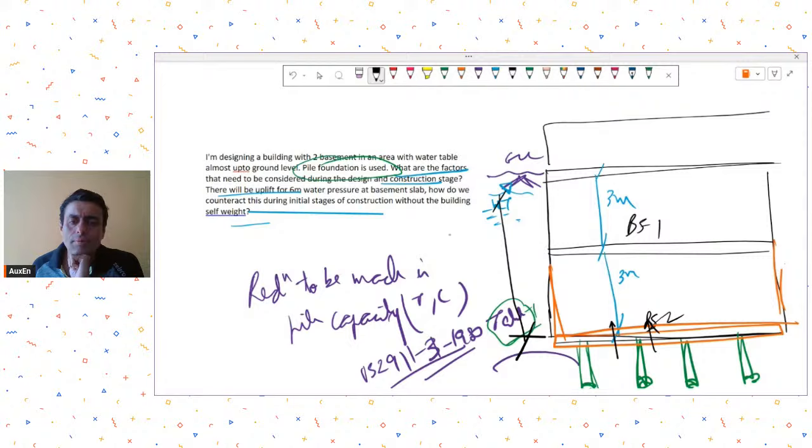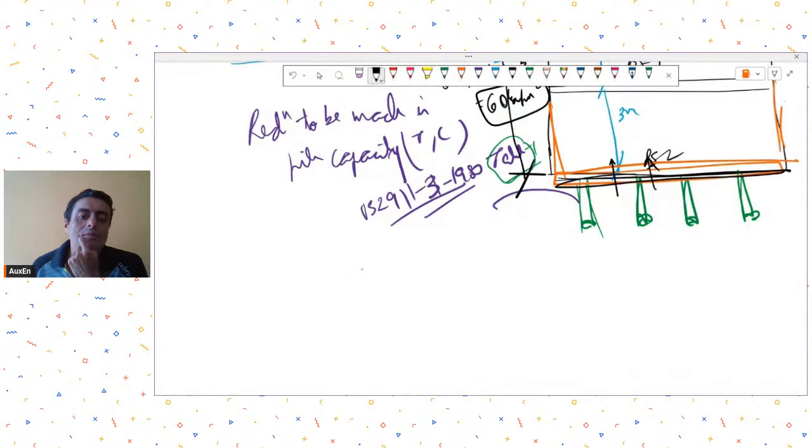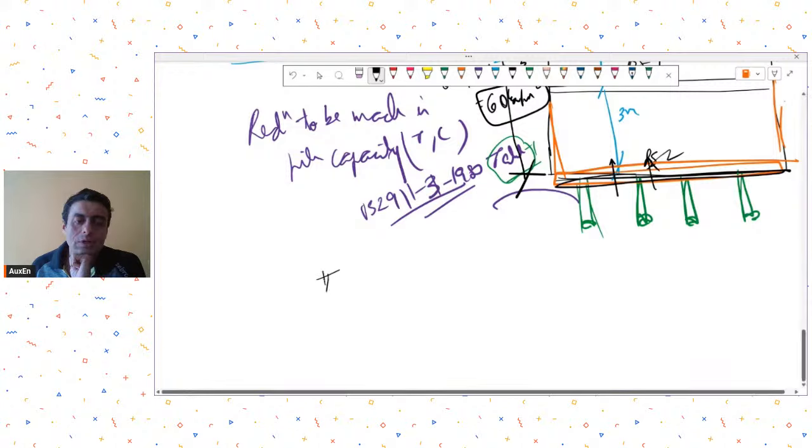Buoyancy force will be approximately 6 meters into 10 kilonewton per meter cube density. So around 60 kilonewton per meter square is the water pressure acting. You multiply it by the plan area of your basement, you will get the total tension force.